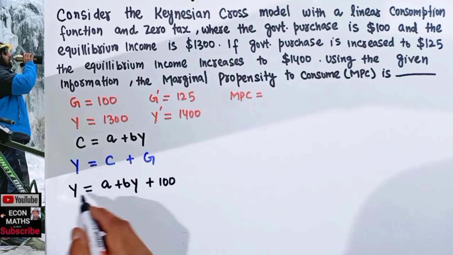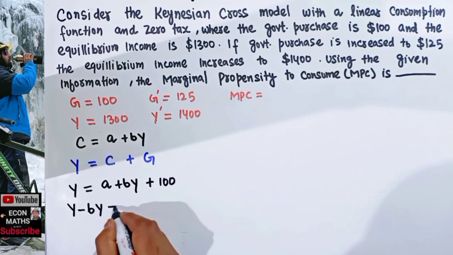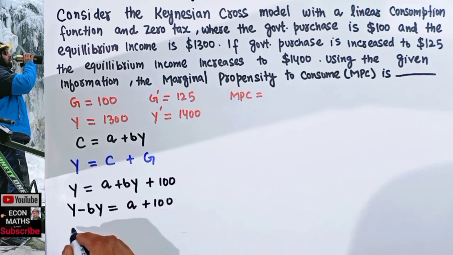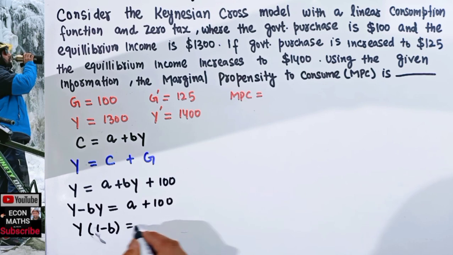So if I transpose this BY here, that is Y minus BY is equal to A plus 100. That means if I take Y common, it will become Y times 1 minus B, where B denotes the marginal propensity to consume, is equal to A plus 100.